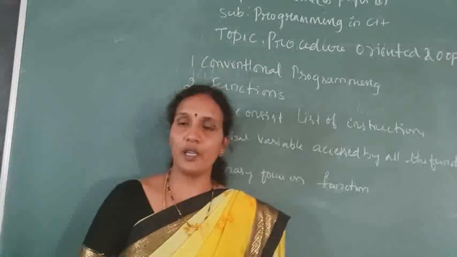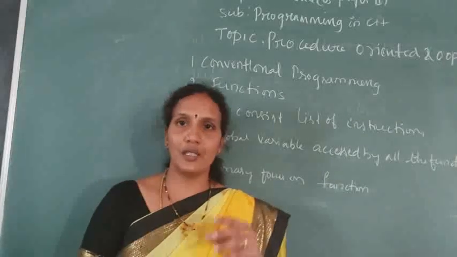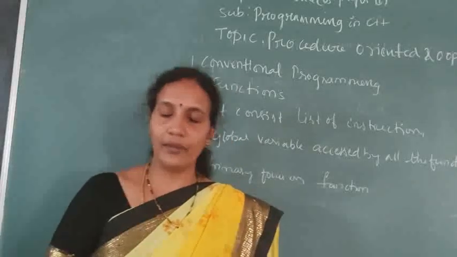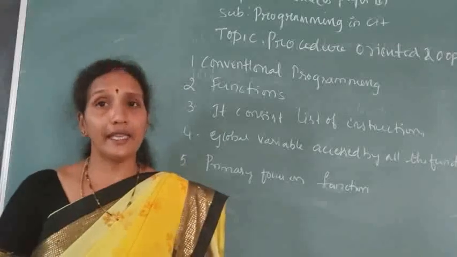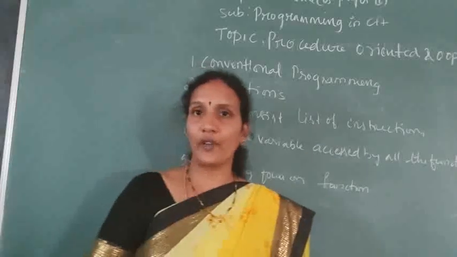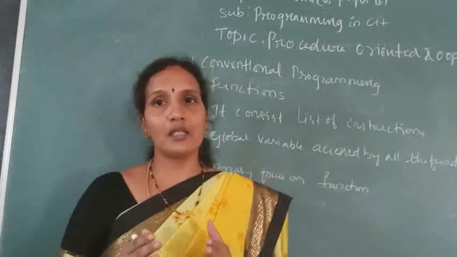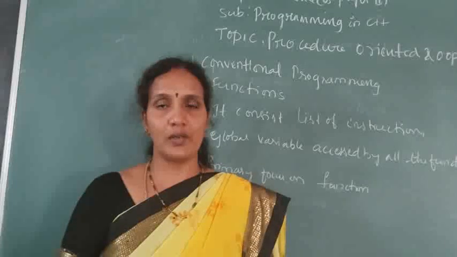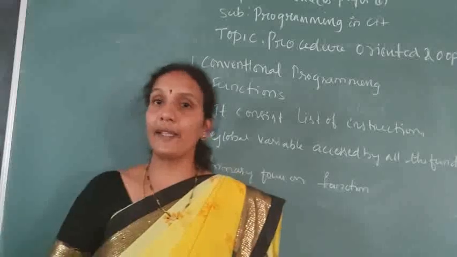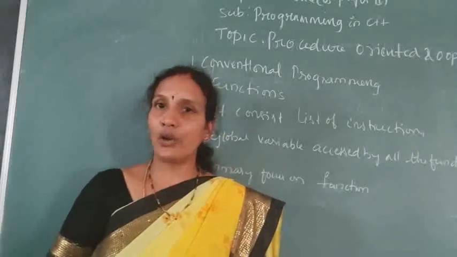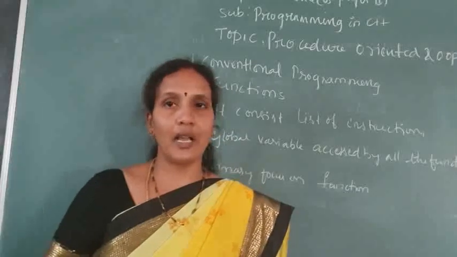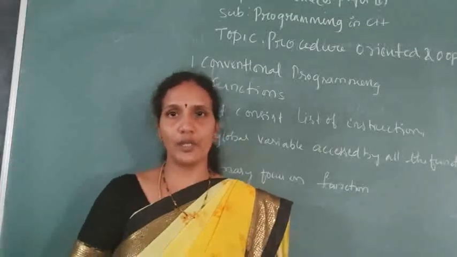C equals A plus B and print C. So those are the instructions, the statements you have. In procedural oriented programming, we have a number of functions, and each function is a collection of statements and instructions. These give instructions to the system, to the compiler, and according to those instructions the program will be executed. That happens in a procedural oriented program.